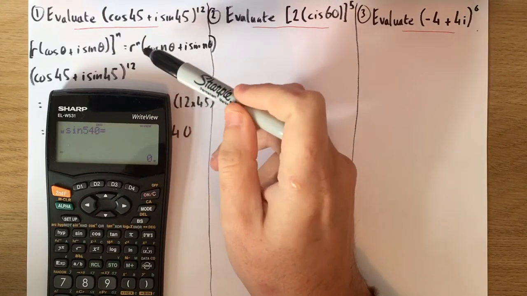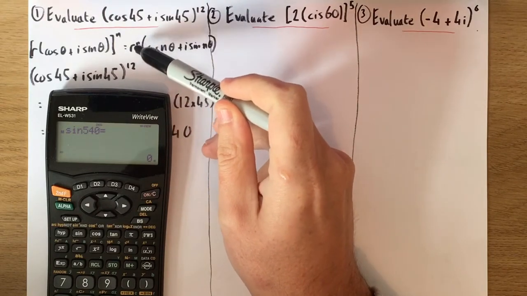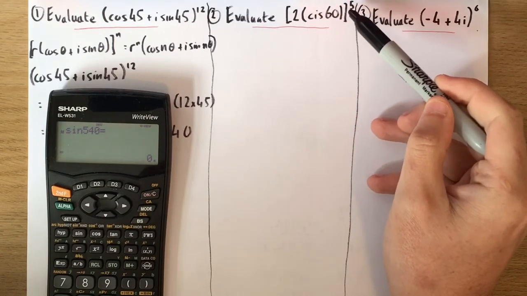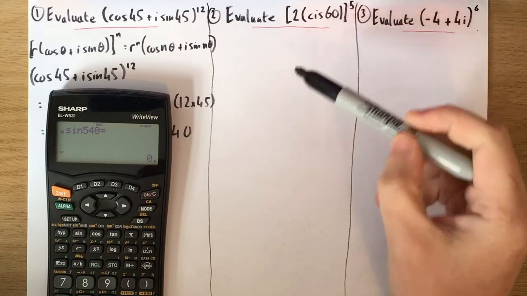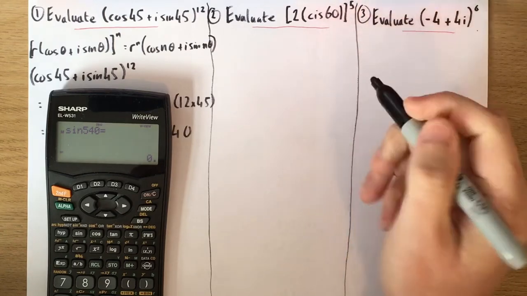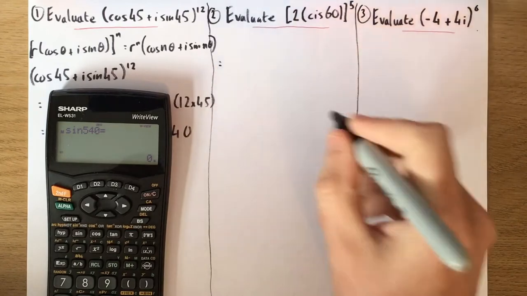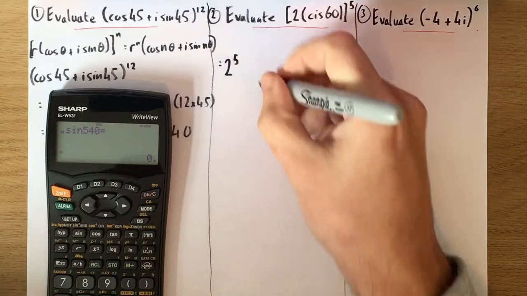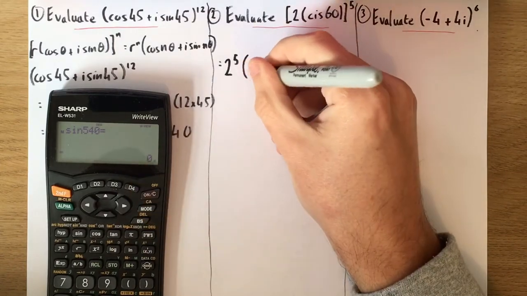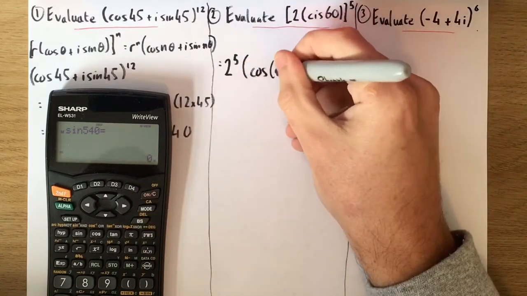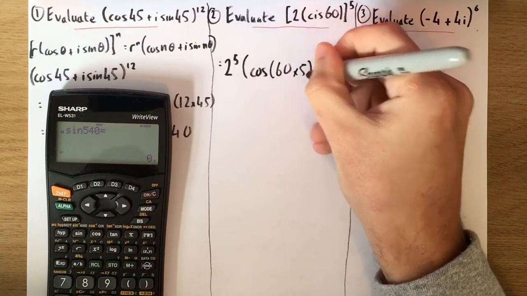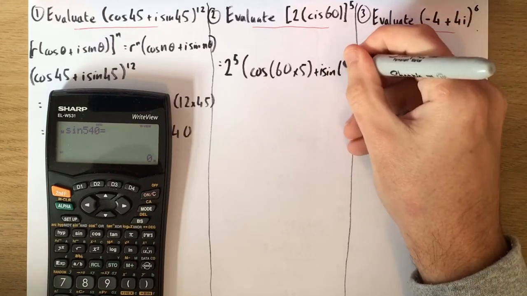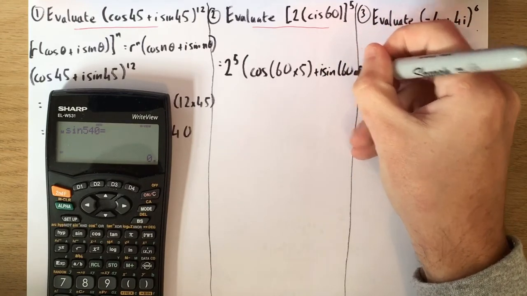So what do you do? You raise the modulus to the power. So I'm going to get 2 to the power of 5. And then, like I did in the last example, multiply the 5 in. So 2 cis 60 raised to the power of 5 is going to be equal to 2 to the power of 5 on the cos of 60 times 5 plus I sine 60 times 5.